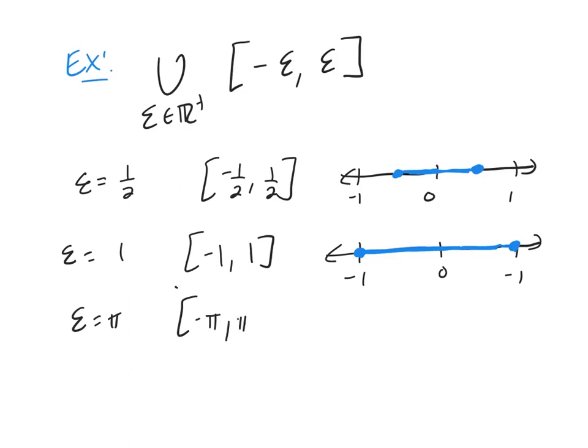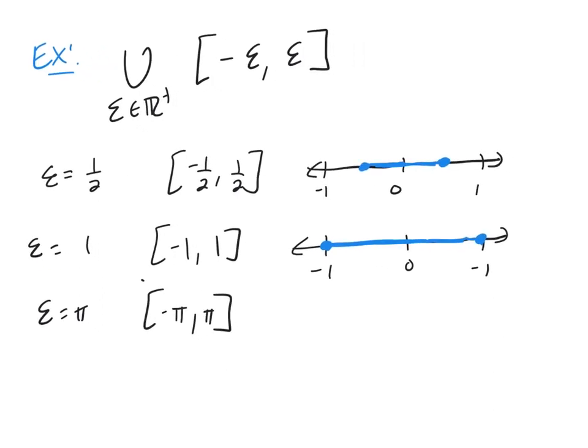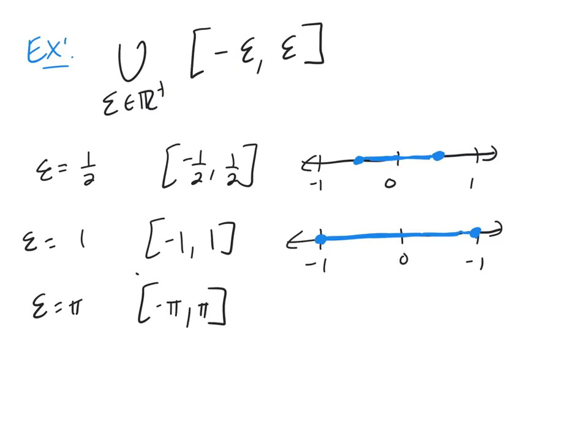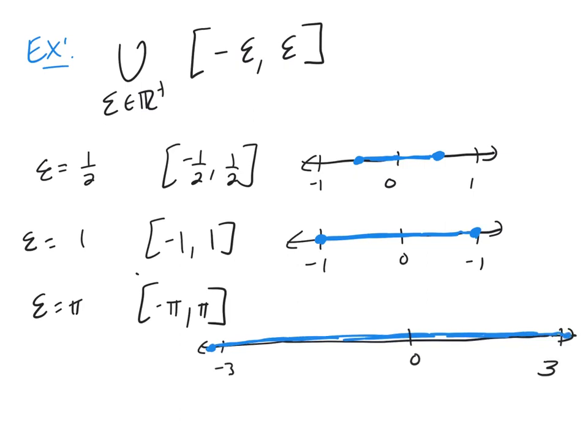Negative pi to pi. Right, so I'll just shorthand do this kind of fast. Negative 3 to 3, and then I'm not going to label everything. Okay, there we go. Maybe I will put in a 0 right there.